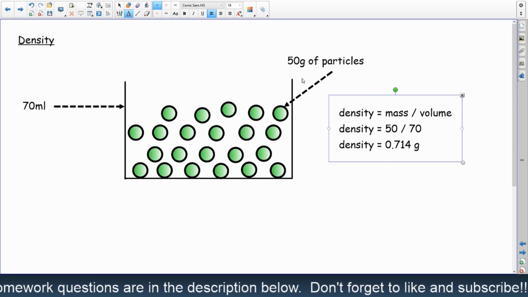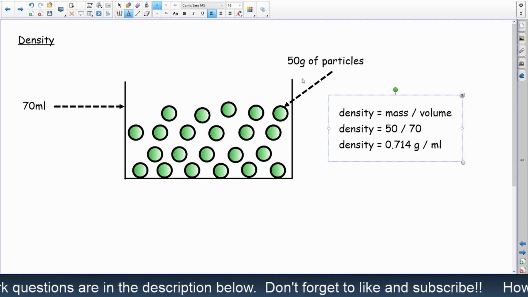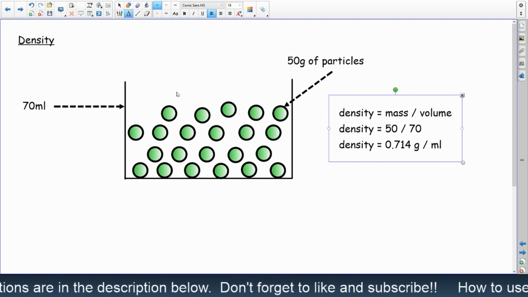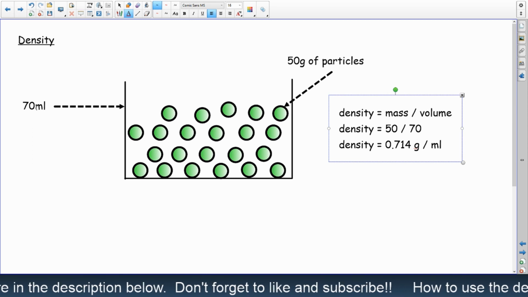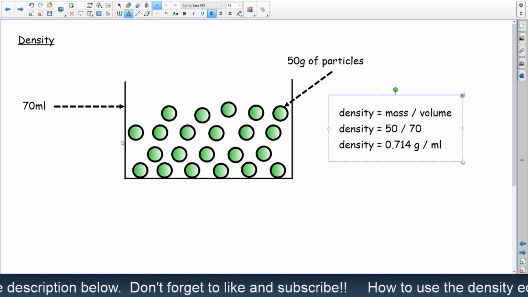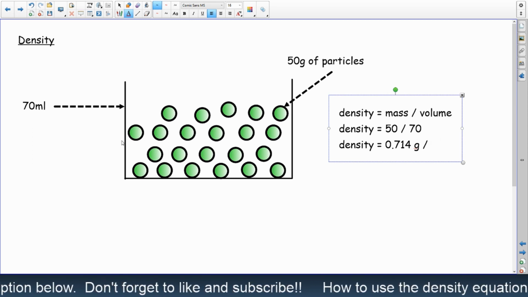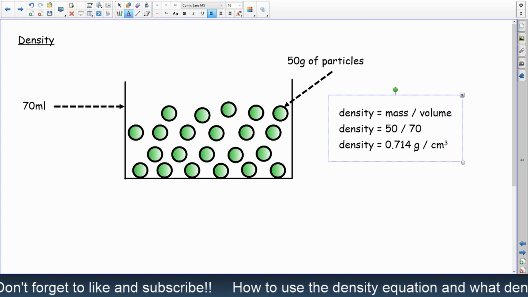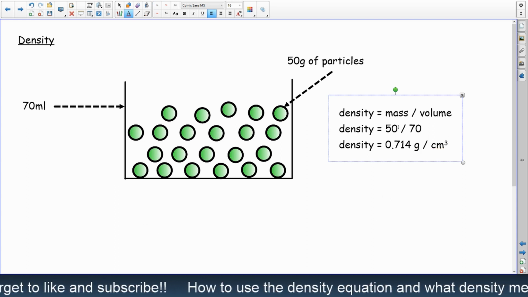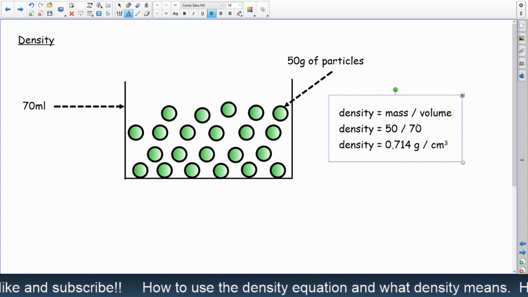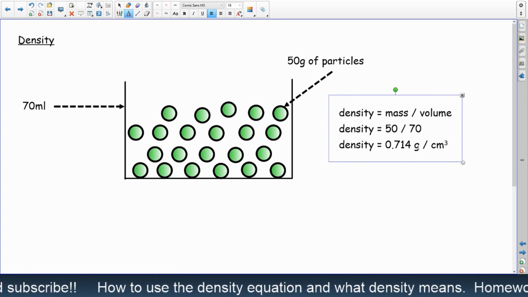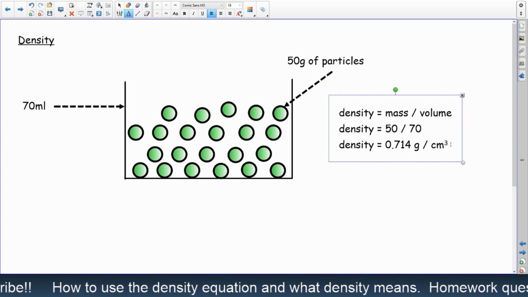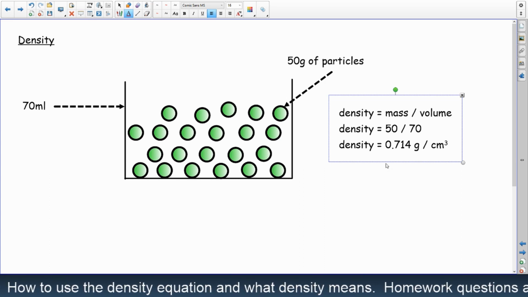So we should have it as grams divided by milliliters. But remember, we don't use milliliters in our conversion here. What we use is centimeters cubed. So we're going to change that ml out and turn it into cm cubed. So notice that 50 grams divided by 70 milliliters becomes grams divided by centimeters cubed here.